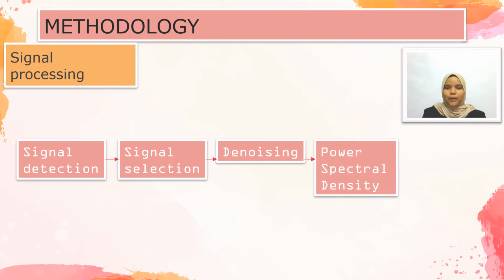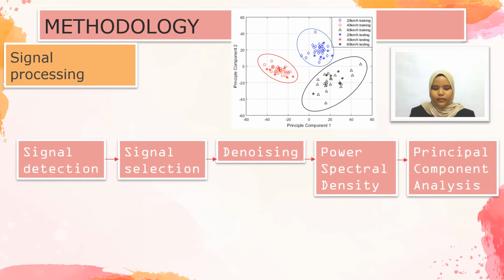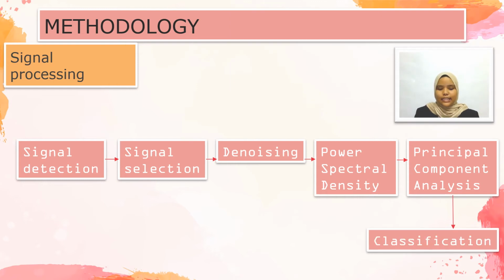And next is power spectral density, where the time domain is converted into the frequency domain. Next is principal component analysis, where it uses training and testing data, and it will classify into its own cluster. And lastly, classification can be identified based on the vehicle's detection.